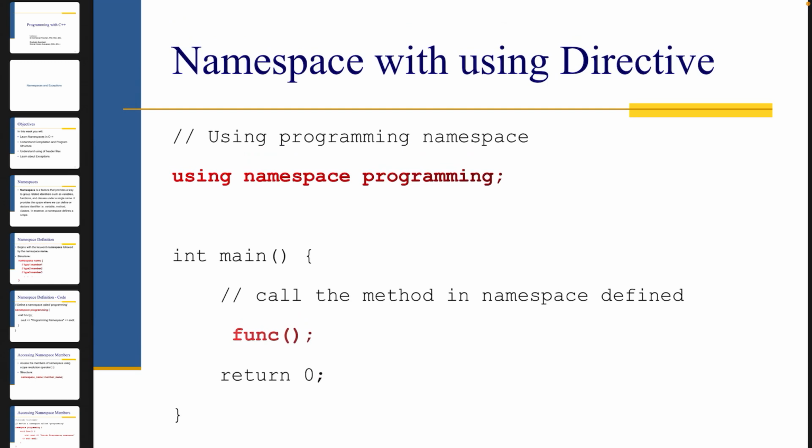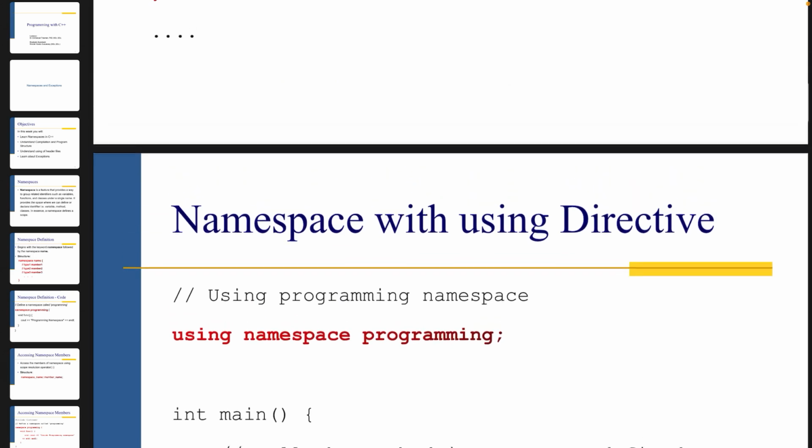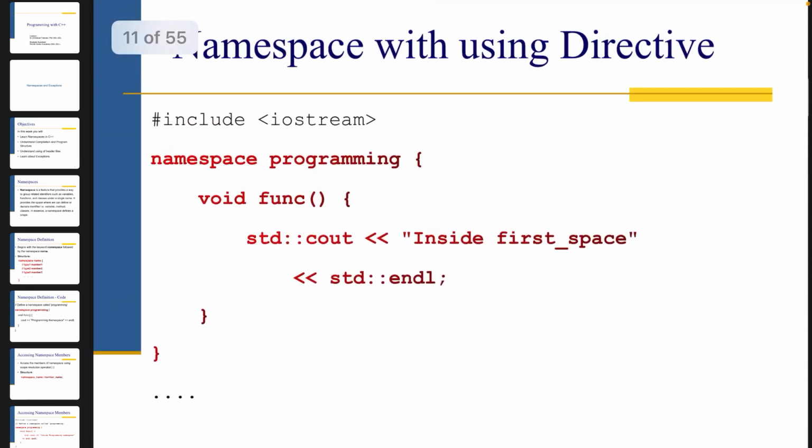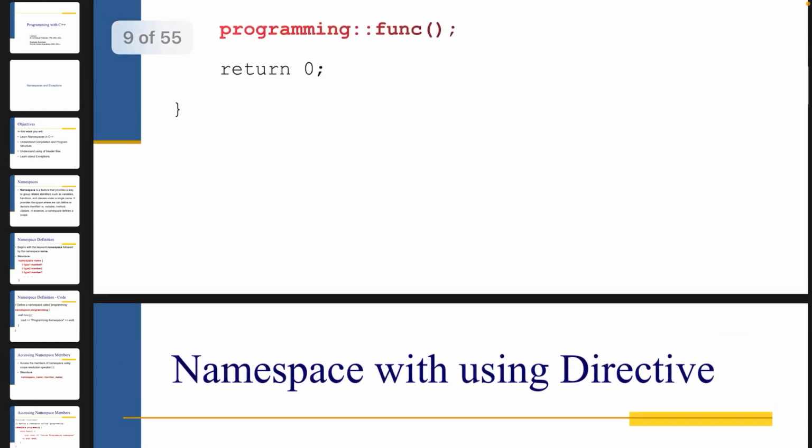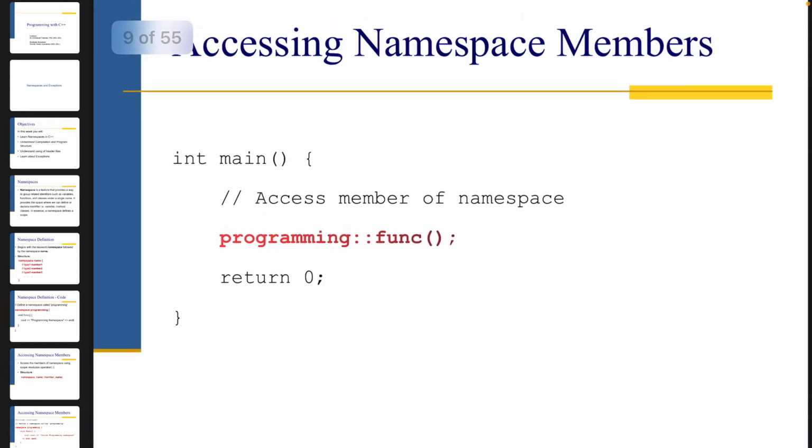So with using directives, you write using namespace programming, since you have created your own namespace. You come inside the int main, then you call the function as you did for accessing the member space.